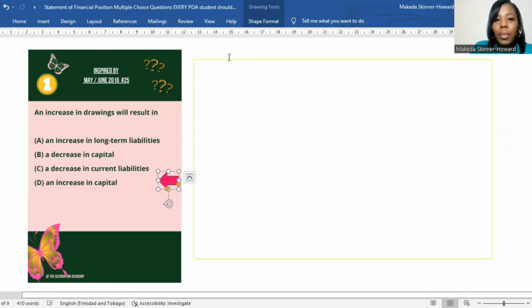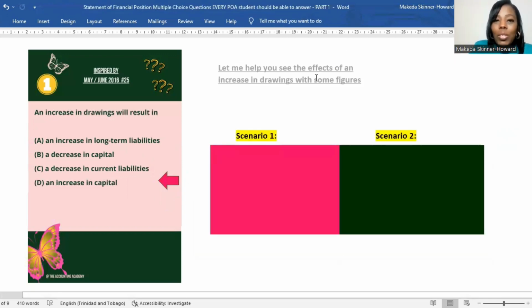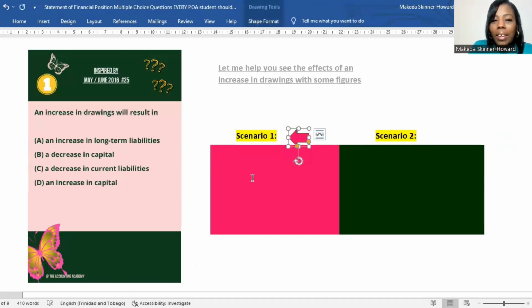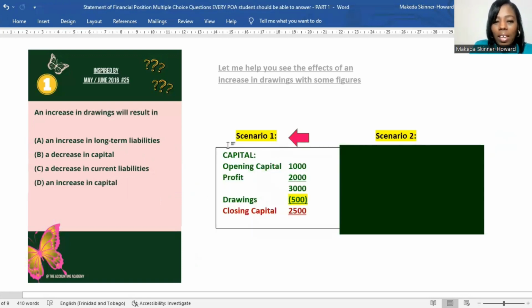Well, let's see, right? I want to show you some figures to help you see the effects of an increase in drawings. So let's look at scenario 1 behind the pink block. We have some figures here. We have our opening capital, we have profits, we have our drawings, which is highlighted in yellow, and we have our closing capital.